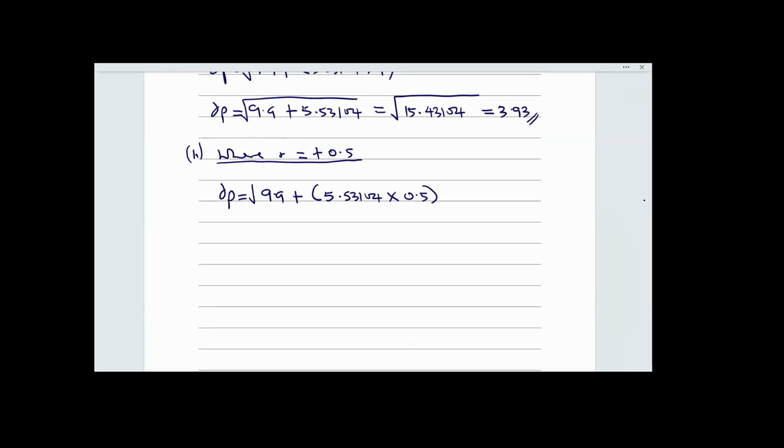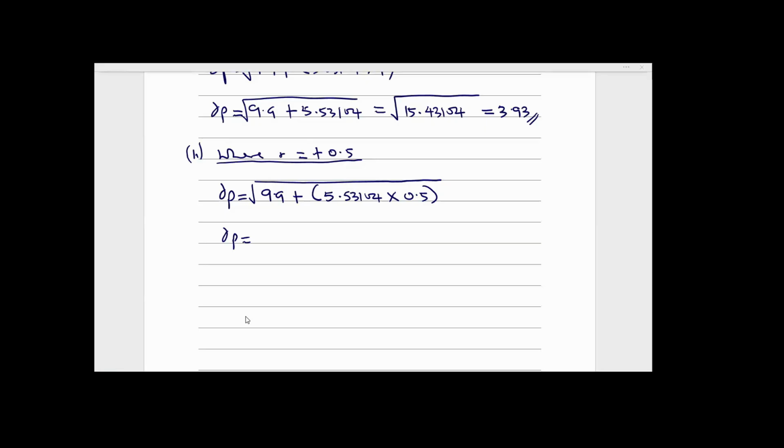Then you find the square root. So we take 5.53104 multiplied by 0.5.